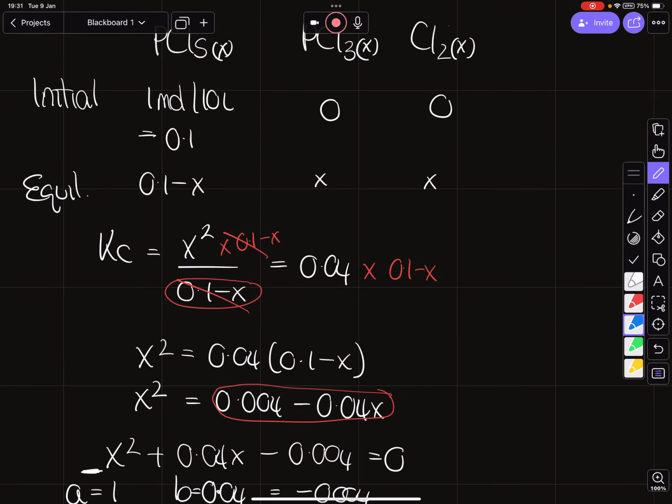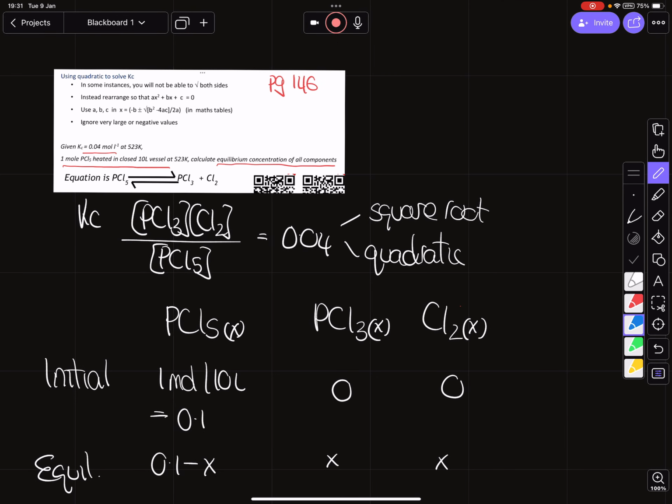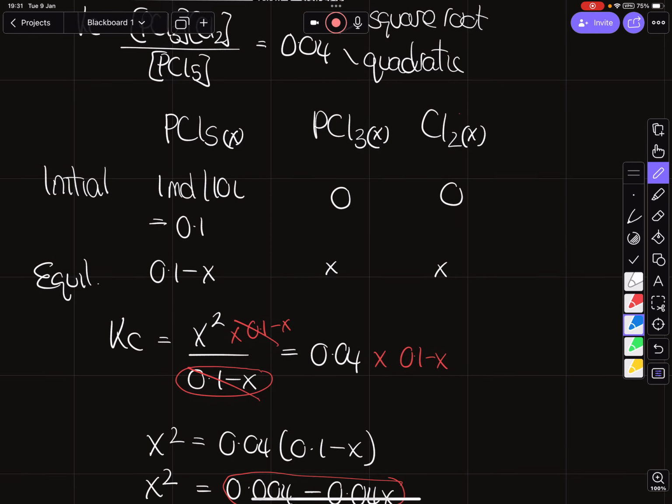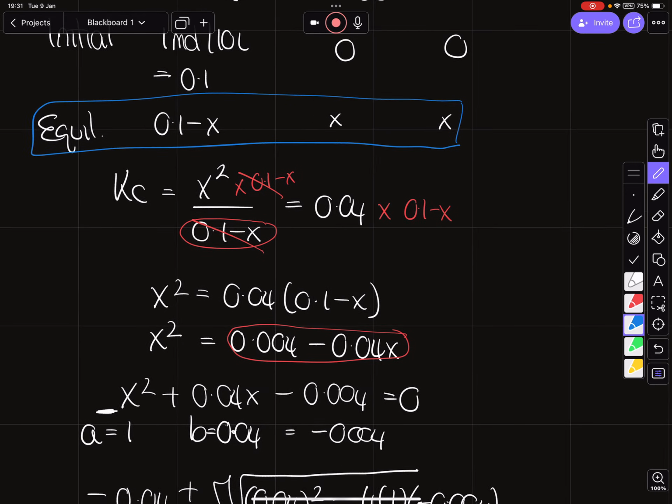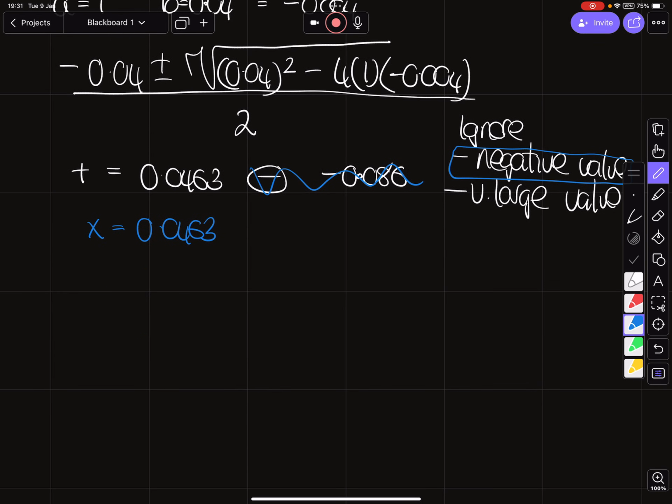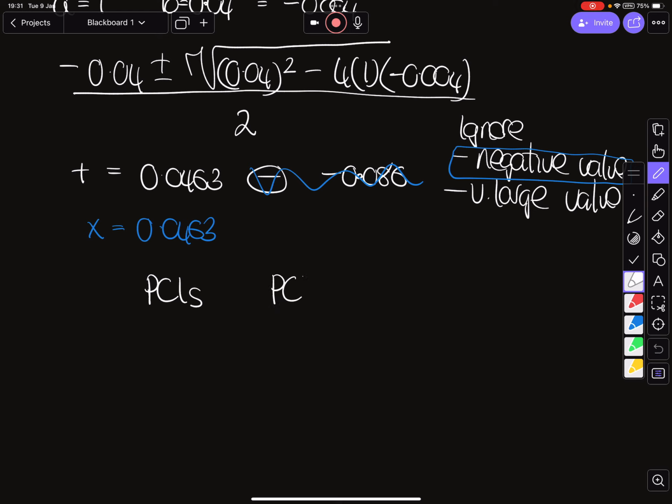Now, if we scoot back up to our question, it asked us to calculate the equilibrium concentration of all components. So we're now going to take this line and rewrite it down at the very bottom. So at equilibrium, for PCl5, PCl3, Cl2, we said we had 0.1 minus x, we have x and we have x.